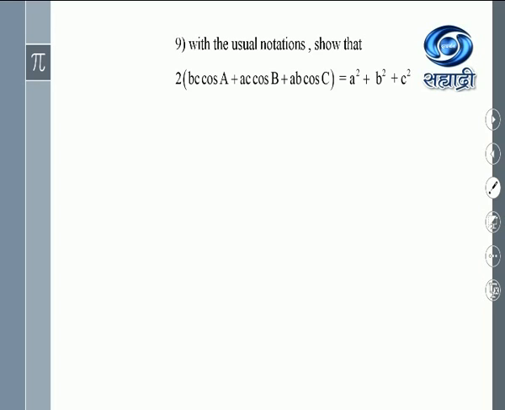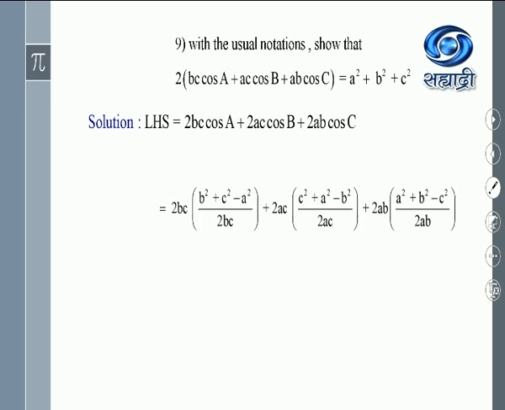Now before solving any problem, you will have to think a little bit whether it is convenient to start with LHS or RHS. Here we start with LHS. 2 times BC cos A. We open the bracket. First write down this term as it is and then open the bracket. 2BC cos A plus 2AC cos B plus 2 times AB cos C.